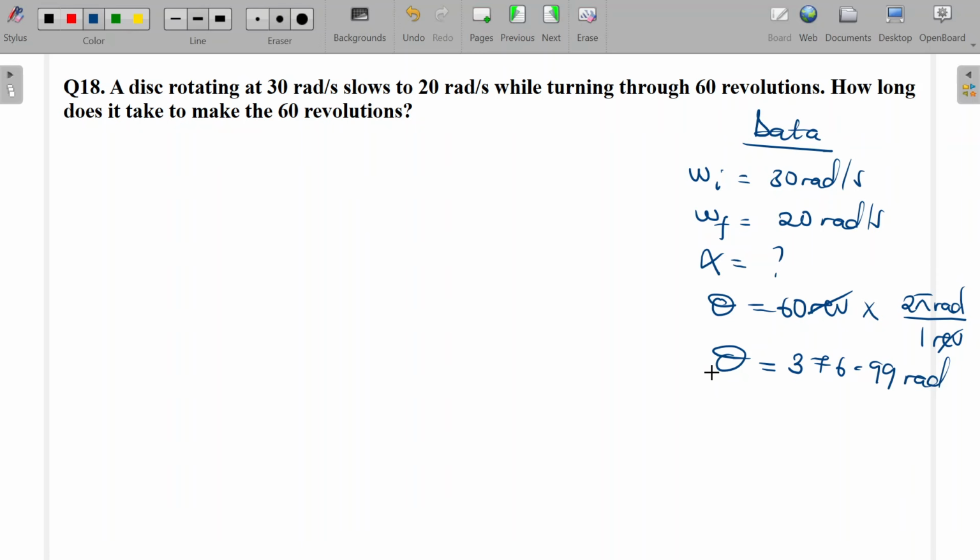Okay, then what do they want us to find? They want us to find the time. How long does it take to make the 60 revolutions?